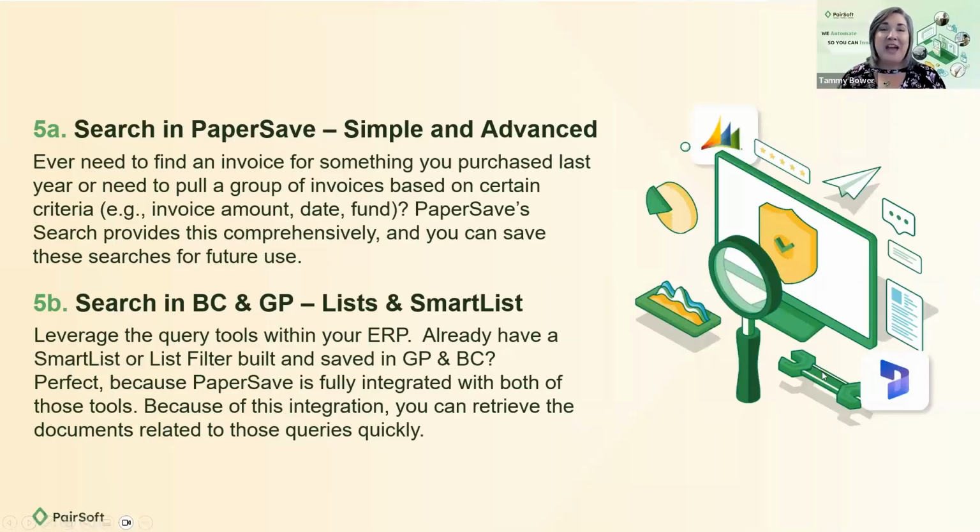The fifth has an A and a B because there are different ways that you can search for documents, right? So there's search inside of PaperSave. This is going to give you the ability to maybe allow non-GP or BC users to search for documents. You can do content search, which is our simple search.